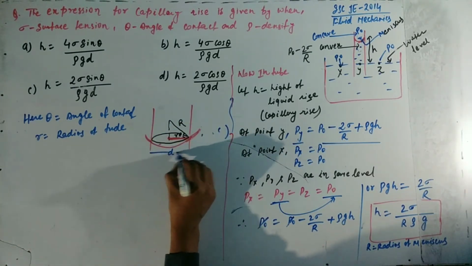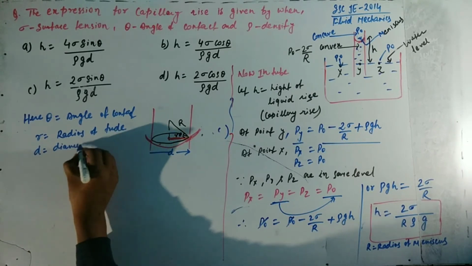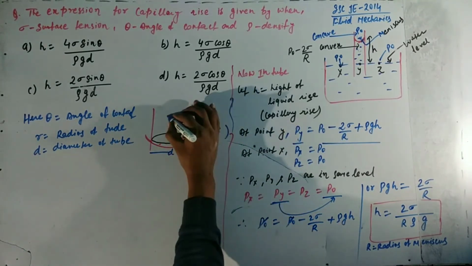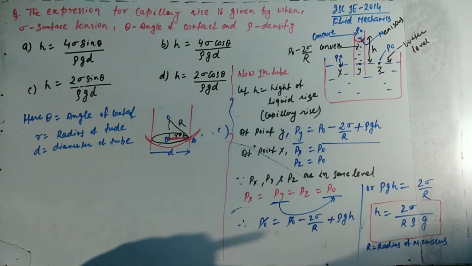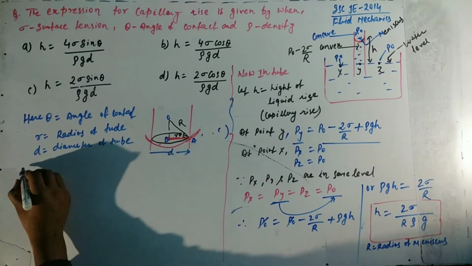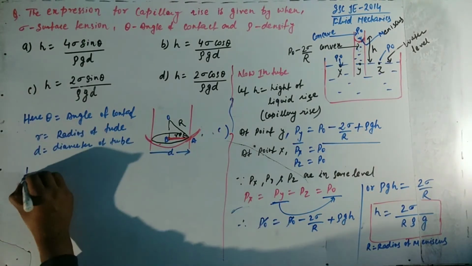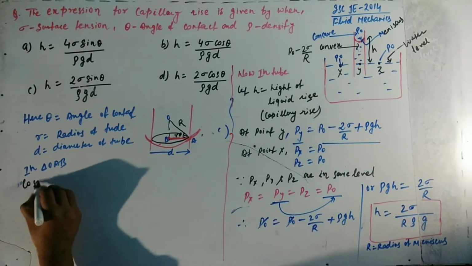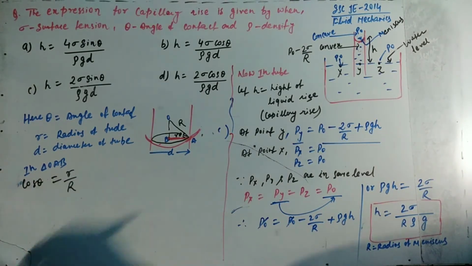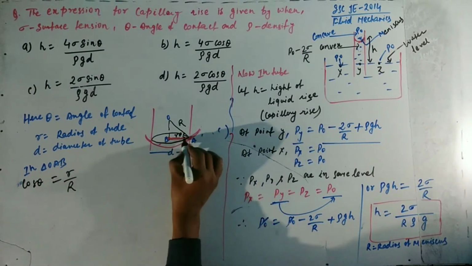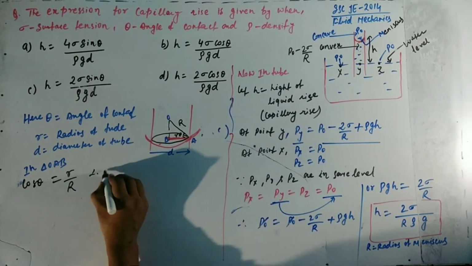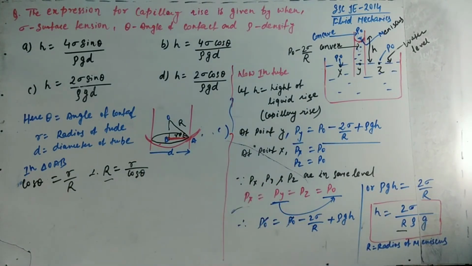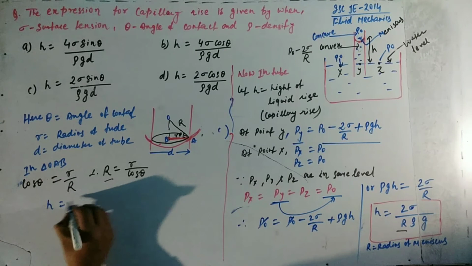Here d equals the diameter of the tube. When we consider triangle OAB, cos theta equals base by hypotenuse, that is, cos theta equals small r by capital R. Therefore capital R equals r by cos theta.